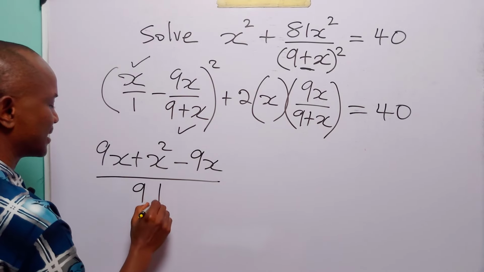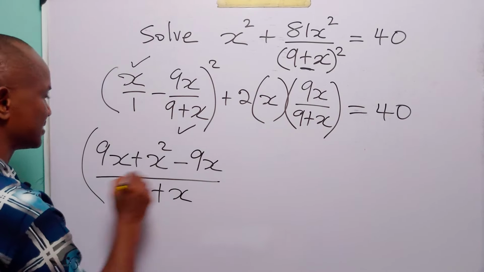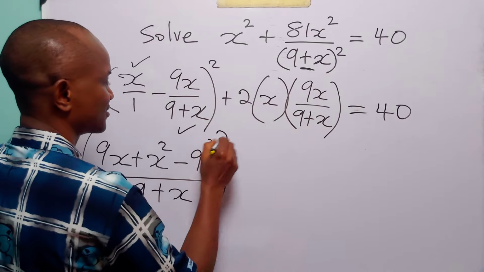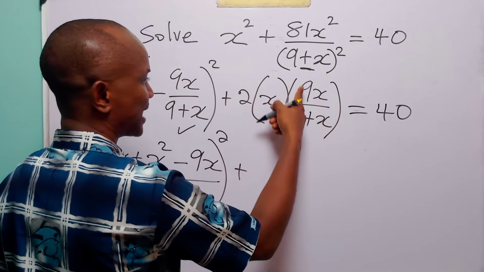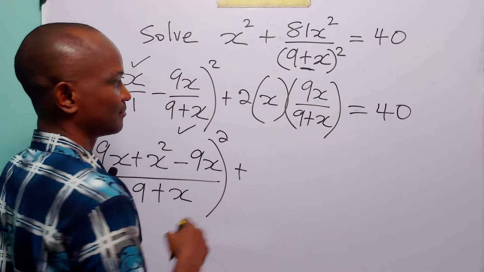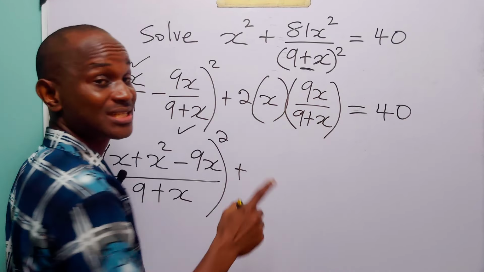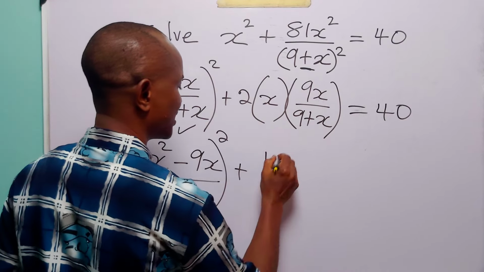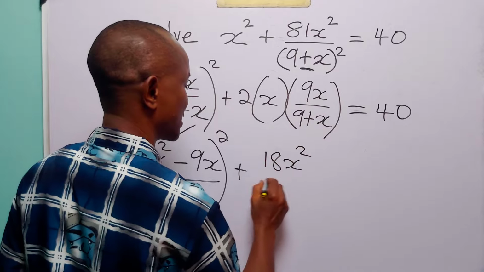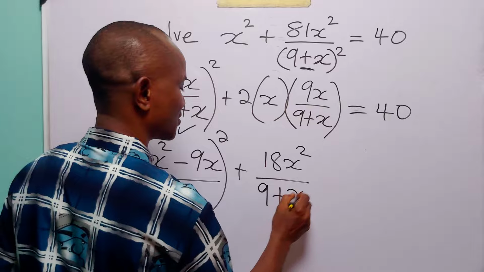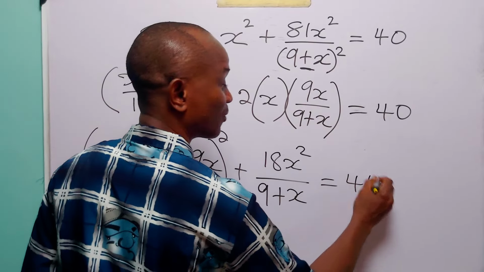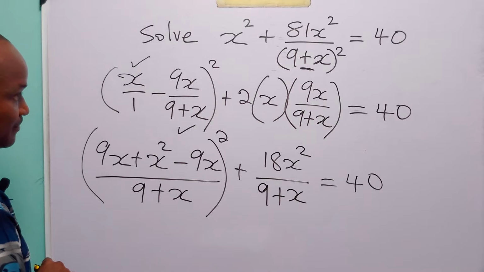Of course, we have 9 plus x, and this is still squared, plus. Now here we have 2 times 9, which is 18, x times x, which is x squared. So we have 18x squared, divided by 9 plus x, and this is still equal to 40.